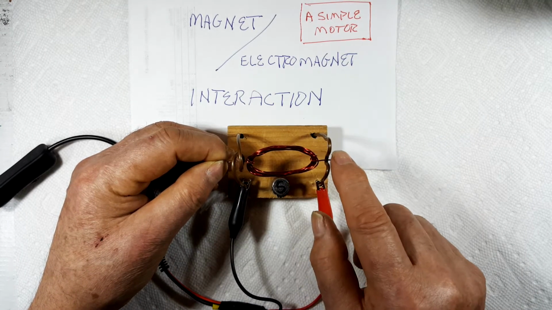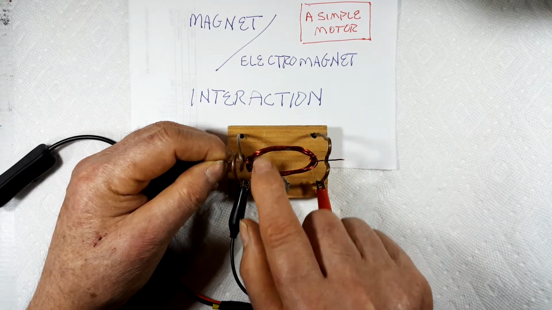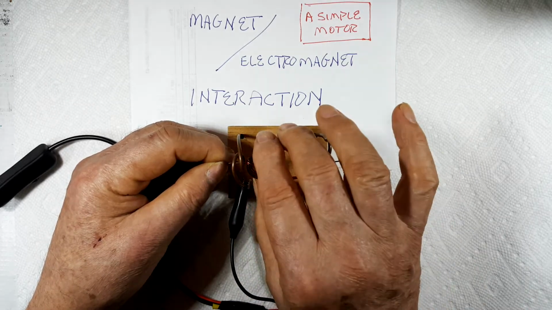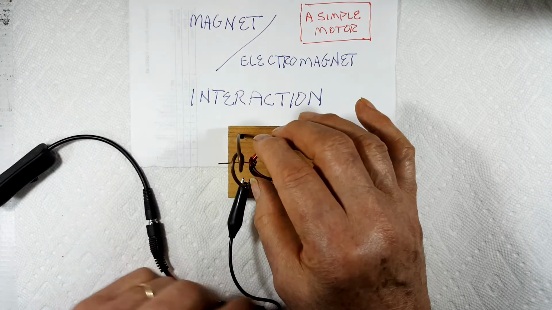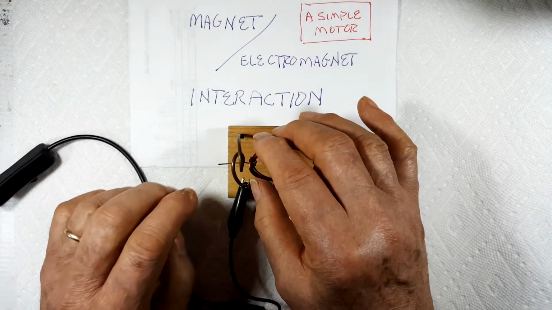Current flows through, goes through the copper around the coil, creating an electromagnet, and then through, connecting to this copper, coming back down and completing the circuit.